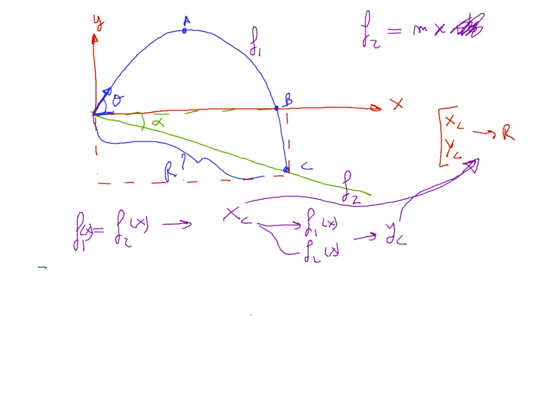So we know that this is negative tangent alpha times x. Oh, I'm sorry, that was F2. What about F1? Does anybody know how to obtain the functional form of F1, which represents the actual trajectory of our system as it is being projected in a projectile motion?